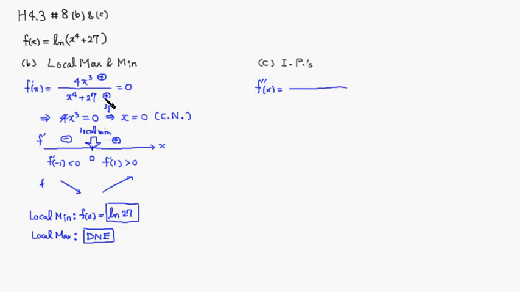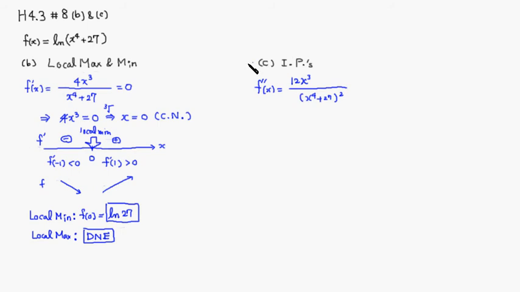Square the bottom. This gets kind of confusing, so I'll erase those. Square the bottom. So quantity x to the 4th plus 27 squared. Then derivative of the top is going to be 12x cubed.